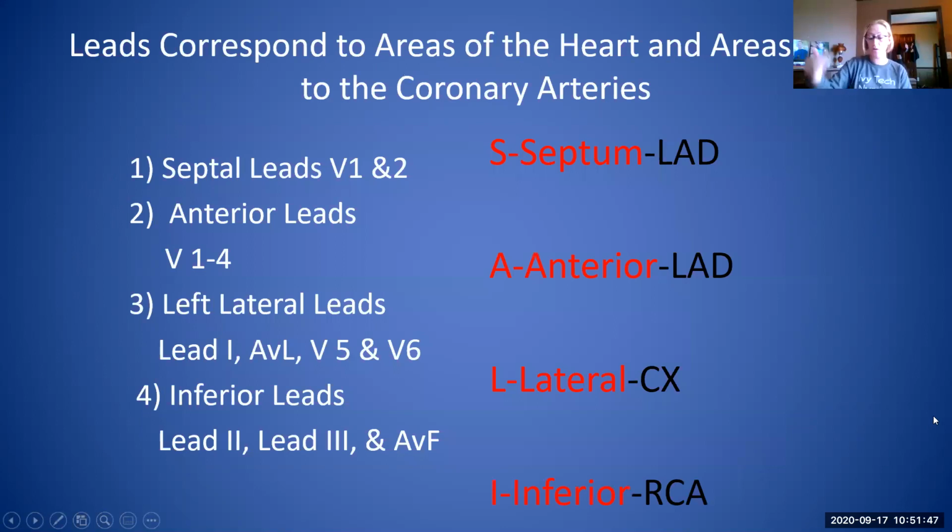If I tell you it's leads V3 and V4, I may not specifically ask what type of MI it is, but now you need to think about what type of symptoms I'm going to be looking for in this patient. So I know it's an anterior MI, and I know it's the LAD, and I know that the LAD supplies the left ventricle.